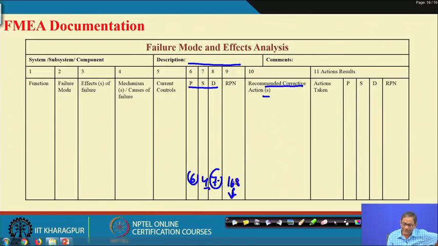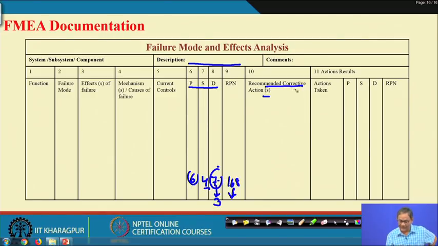So, if you know the current controls and if you have the system knowledge, design knowledge, you may find out that there can be a possibility of putting a sensor or some kind of inspection scheme, so that the detectability part, that it is operating at lower performance, can be improved, maybe it can be improved to 3.